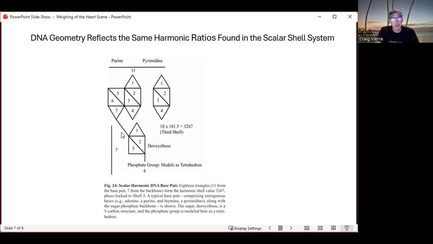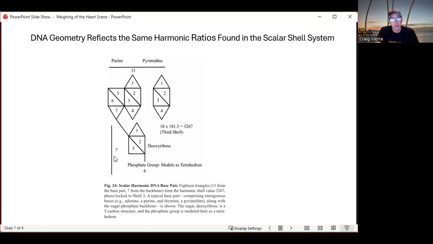If we come down here, and I'm just showing it with this backbone, there's another three triangles here in this deoxyribose. This is the five carbon sugar that you would find in DNA. These are the nitrogenous bases, or the fused rings here. And then the phosphate group down here, in chemistry, will model as a tetrahedron, or four triangles.